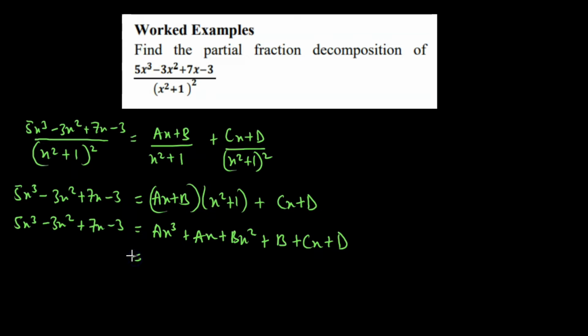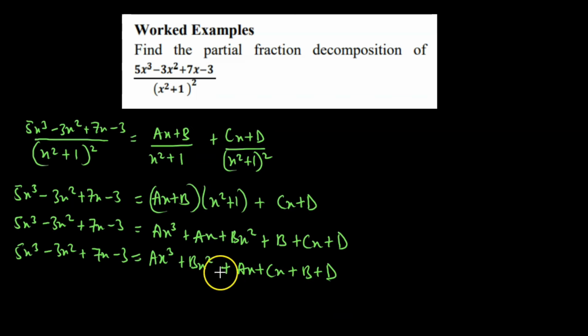So again, arranging it in order of magnitude so that I can easily compare 5x cubed minus 3x squared plus 7x, also maintain minus 3. Arranging in descending powers of x, we have ax cubed, then plus bx squared, plus ax plus cx, then plus b, and then plus d. So that is the arrangement made.